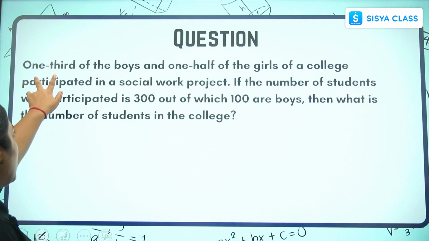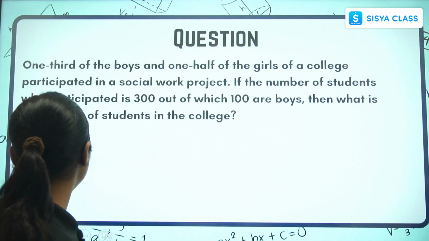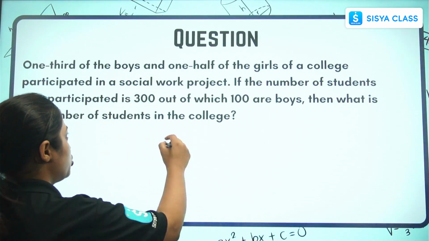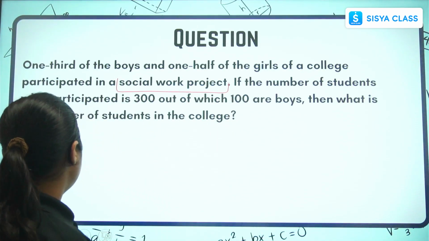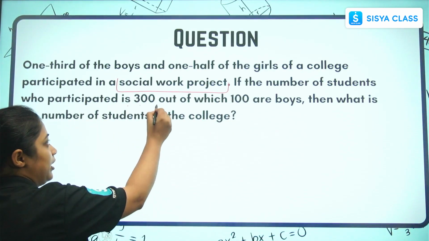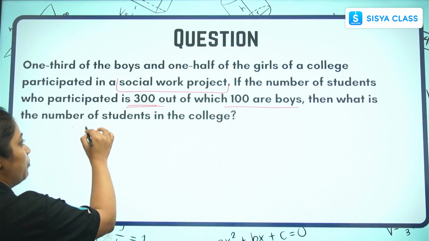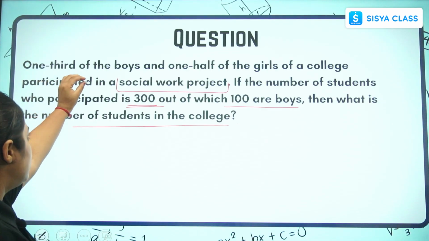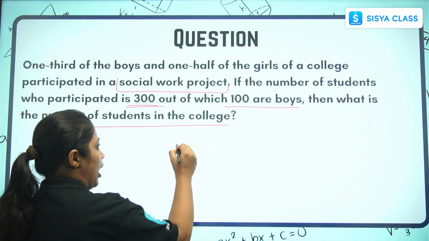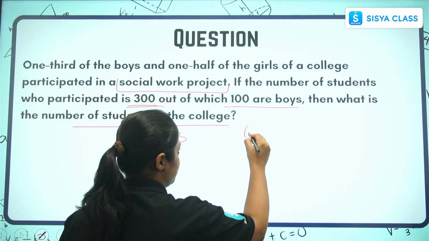The question is: 1/3 of the boys and 1/2 of the girls of a college participated in a social work project. If the number of students who participated is 300, out of which 100 are boys, then what is the number of students in the college? So let's assume that the number of boys is B and the number of girls is G. Okay.